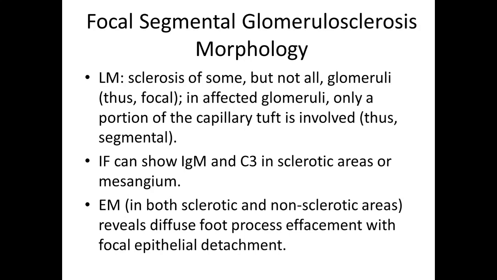Light microscopy shows us sclerosis of some, but not all glomeruli, in which, in affected glomeruli, we can find only a portion of the capillary tuft involved, and it develops as segmental. Immunofluorescence can show immunoglobulin M and C3 in sclerotic areas or mesangium, and electronogram reveals diffuse foot processes effacement with focal epithelial detachment.